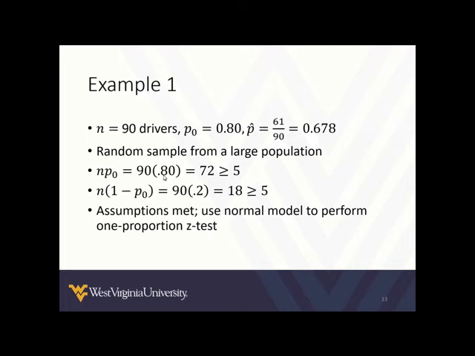That's just like a little tip or trick of the trade that you may want to be aware of going forward. So at this point, we do know that the assumptions are met, and so it is appropriate to use the normal model to perform a one proportion z-test.